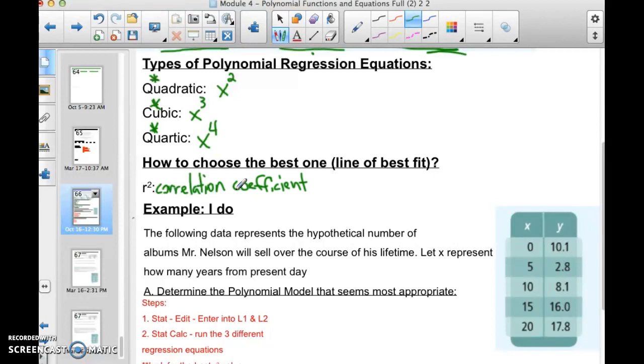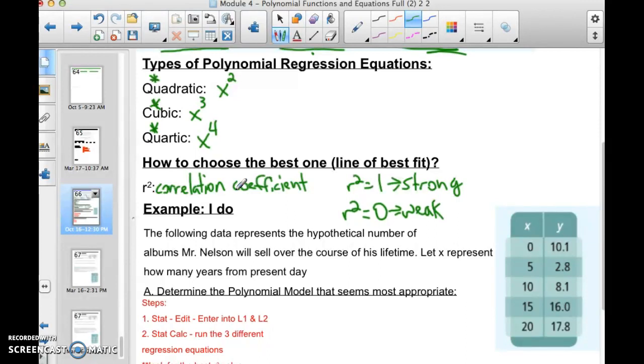And then the closer it gets to 1, the stronger the correlation, all right? So if R squared equals 1, that means strong. If R squared equals 0, or anything close to 0, that means weak.